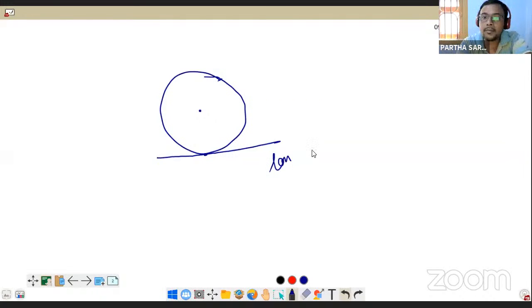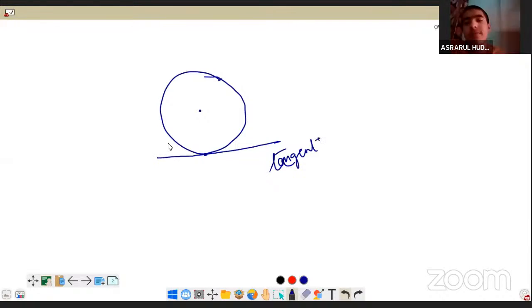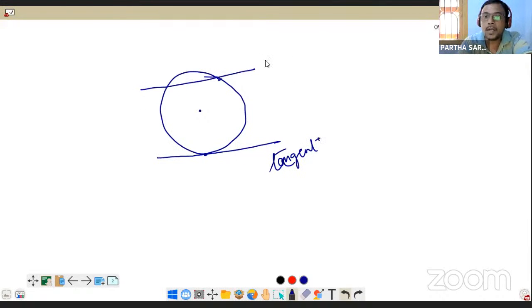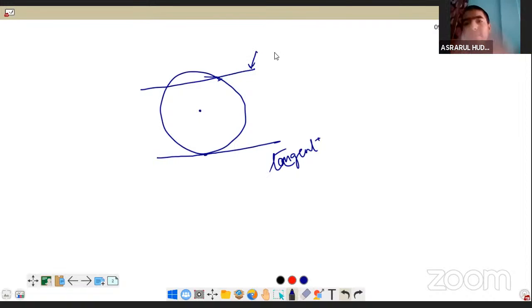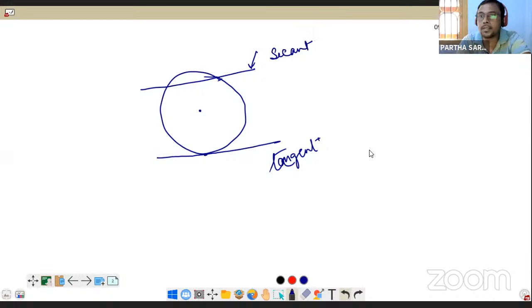A line which cuts the circle in two points, what is it called? Secant.